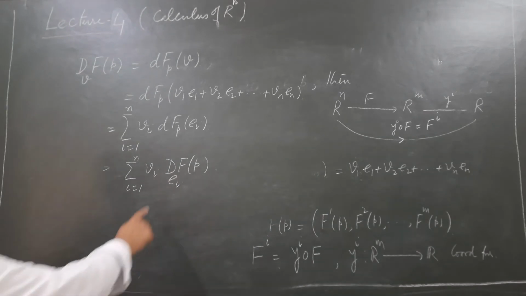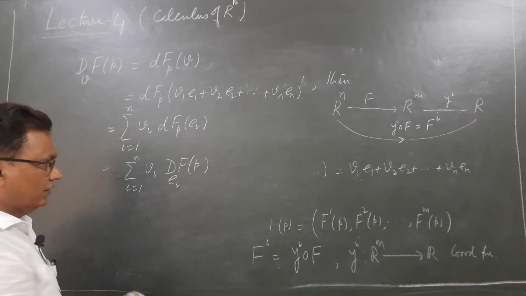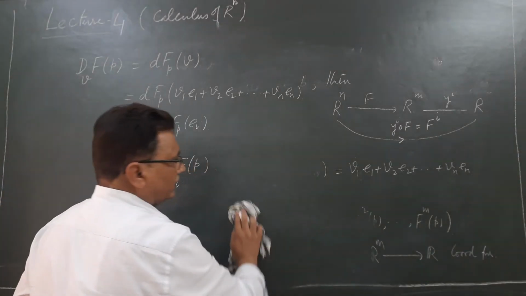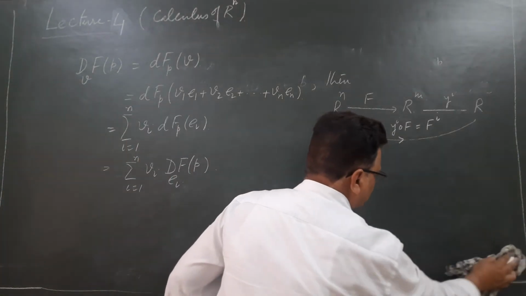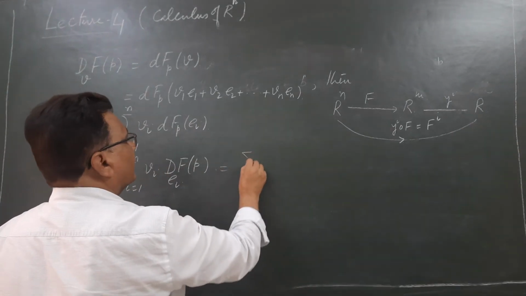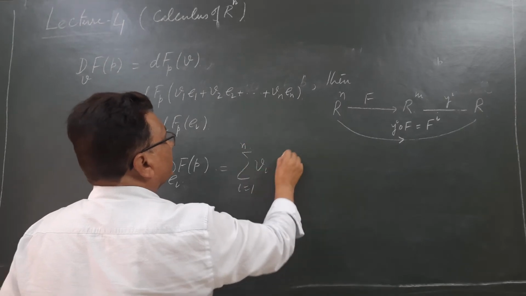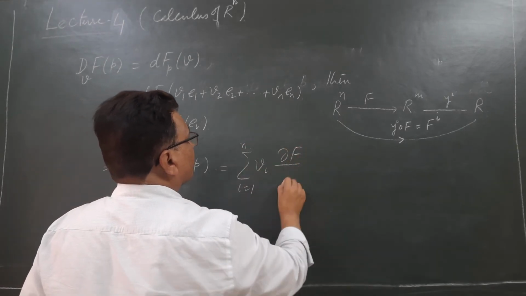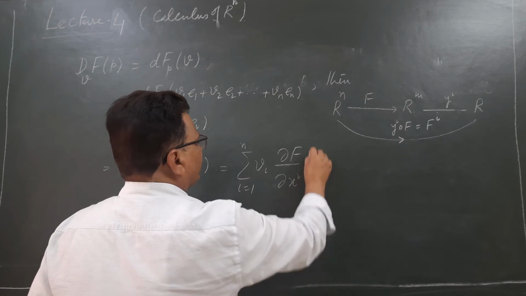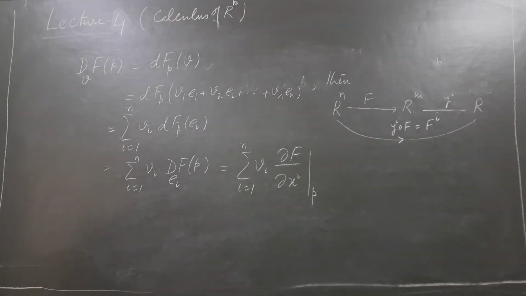And this d_ei means partial derivatives of f. Okay, you remember? Directional derivatives along the basic vectors are nothing but the partial derivatives. So I get summation i equal to 1 to n Vi into del f upon del xi, and every time it is being calculated at the point P. So this is exactly what we were to do.